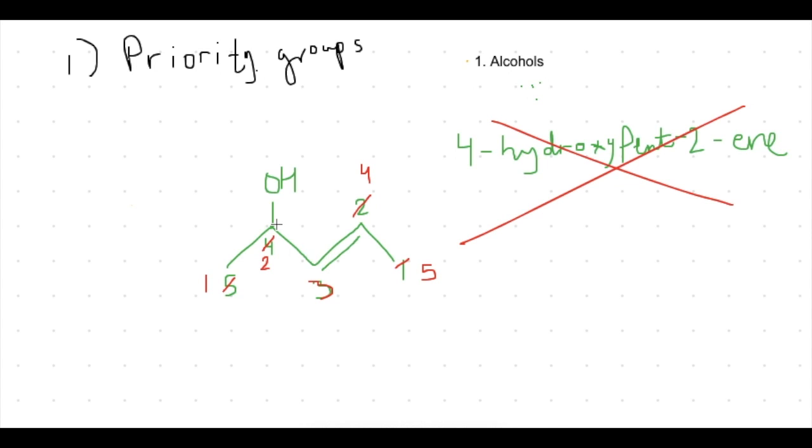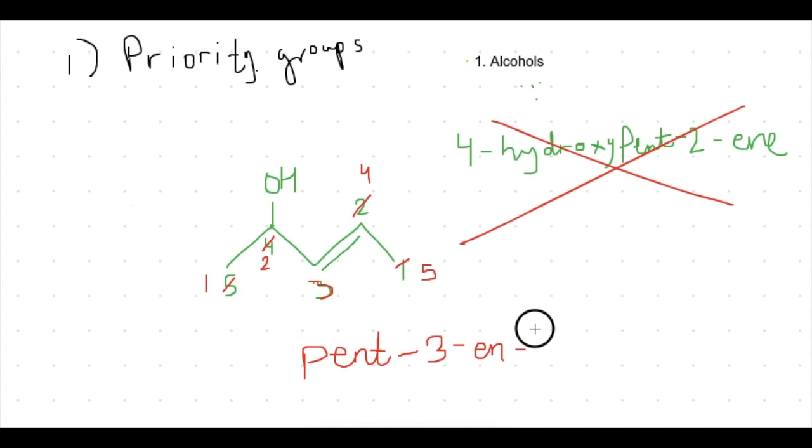I haven't yet talked about naming alcohols, and I will in a further video. However, for the sake of this video, I will show you how the compound will be named. So you have a main chain of pent, which is 5 carbons. You have a double bond on the 3. Ene for alkene, but the final name is not going to be ene, because now the main functional family is an alcohol, since alcohols take priority.